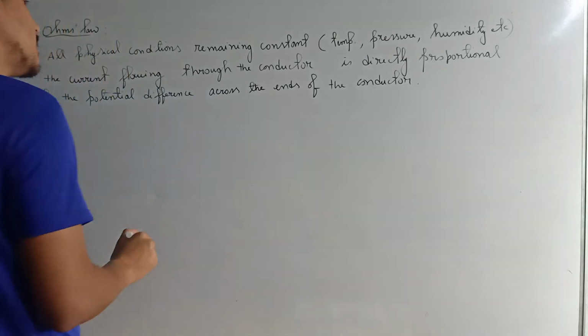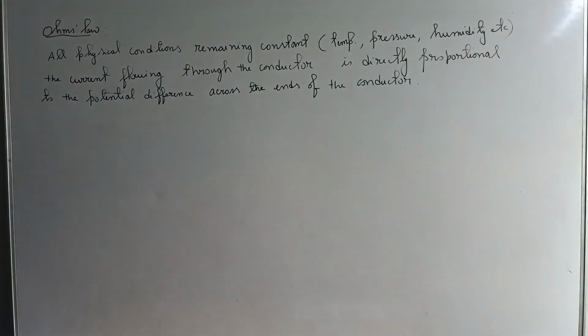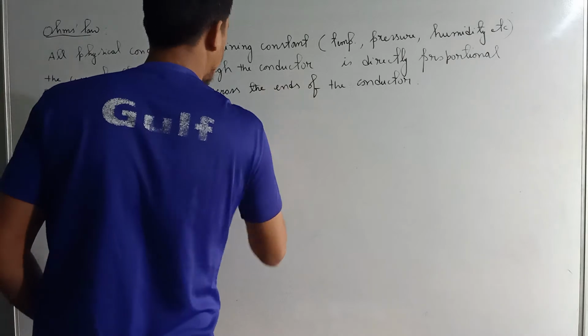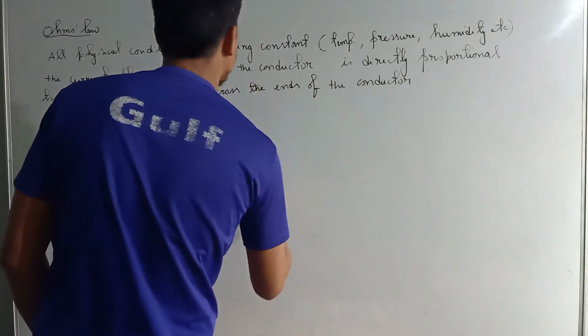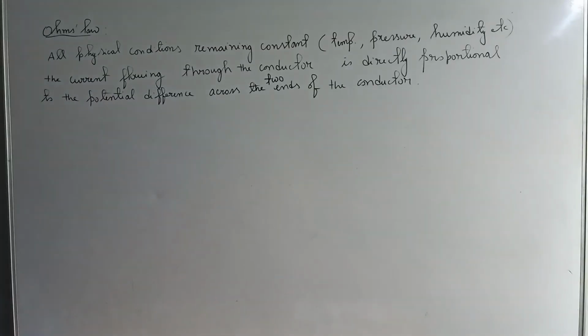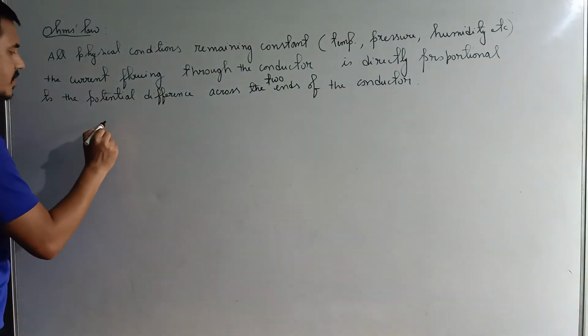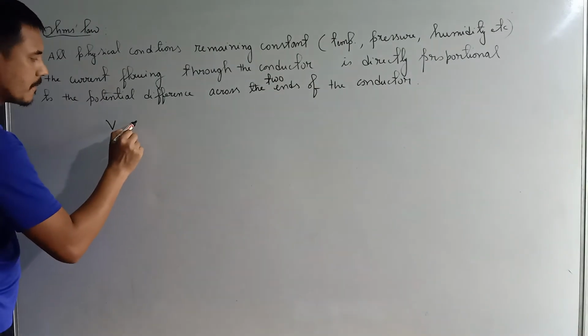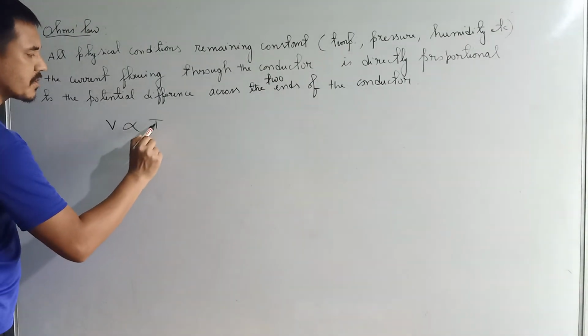So all physical conditions remaining constant, the current flowing through the conductor is directly proportional to the potential difference across the two ends of the conductor. That means the potential difference applied across the two ends of the conductor is directly proportional to the current.